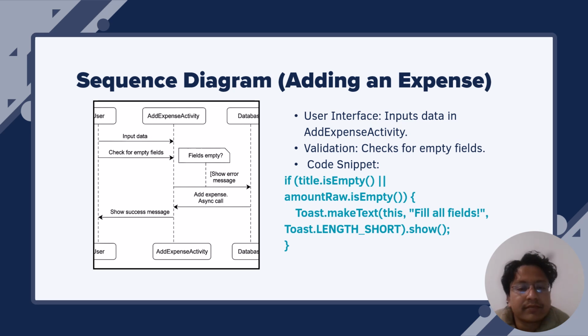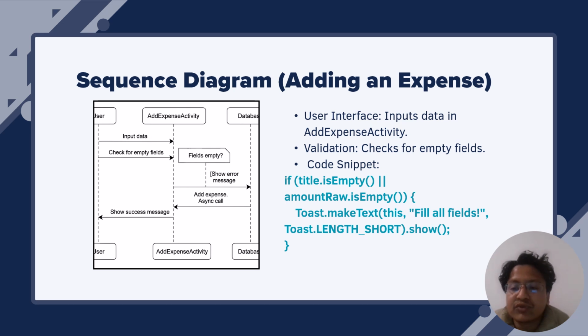Sequence diagram: adding an expense. The user interface takes input data in the add expense activity, then validation checks for empty fields. If the title is empty or the amount is empty, a toast message says please fill all the fields.